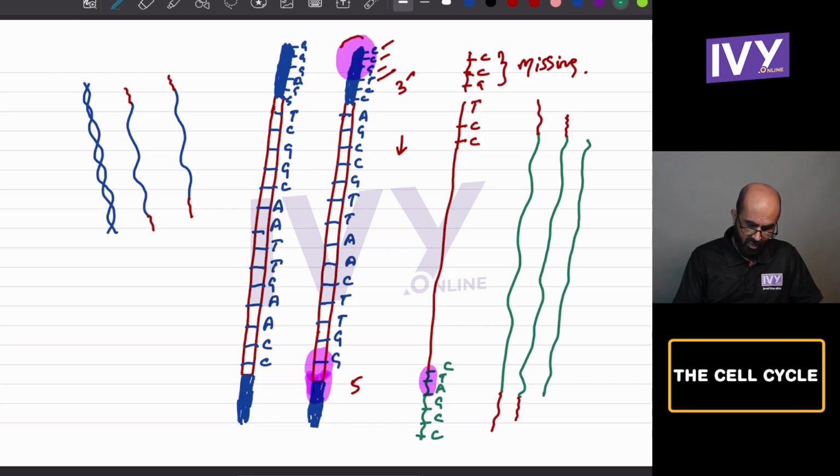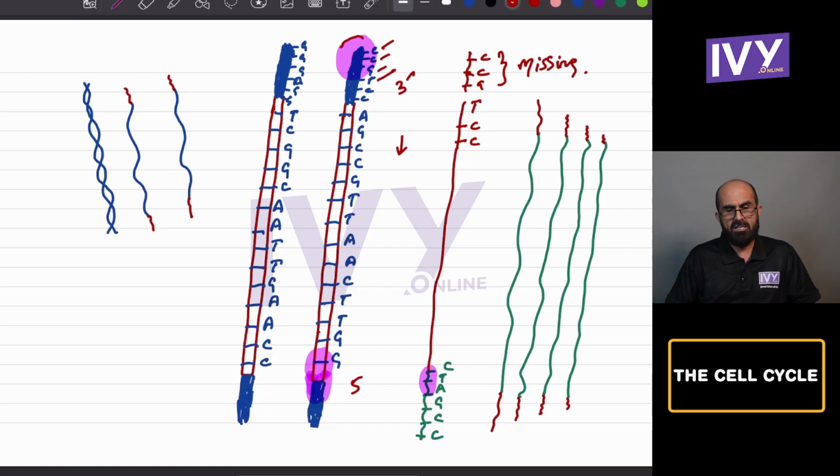However, the telomere part is still shorter. And then in the next cycle, again, the functional part will be entirely copied each cycle, but the telomere will be further shortened, because the end of the DNA is not completely copied by the DNA polymerase. If this continues, a time will come when the entire telomere will be lost.